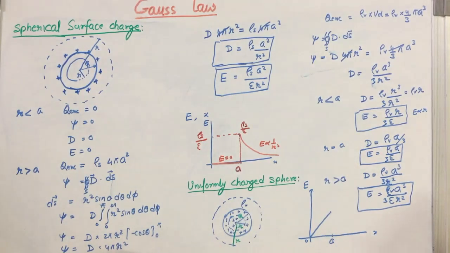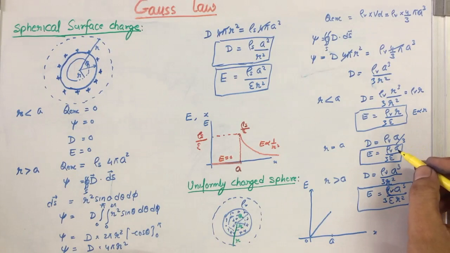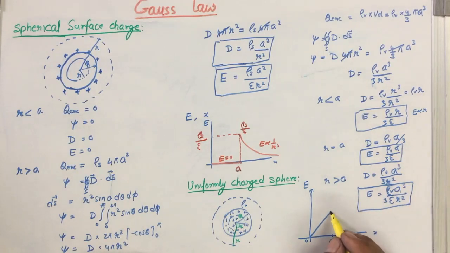At r equal to a, everything is constant, so it is the maximum value, that is rho v a by 3 epsilon. This is the maximum at the surface.